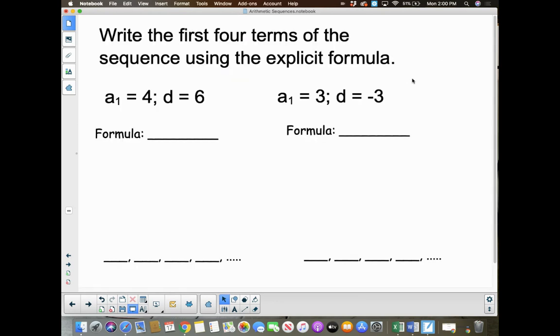So let's try an example here, right? The first 4 terms of the sequence using the explicit formula. You're going to see both the explicit and the recursive formulas. I don't use the recursive formula as much, because that formula is basically saying you take the term before the term you're interested in and you add the common difference to it.